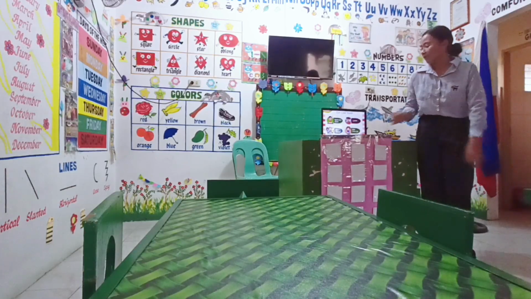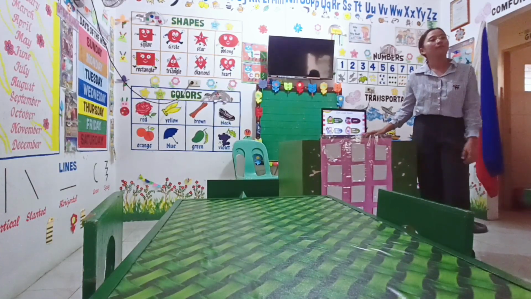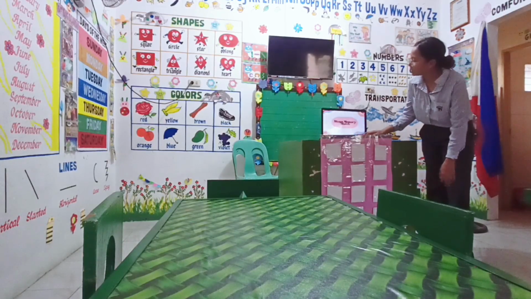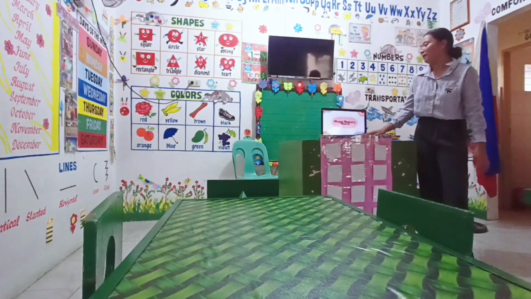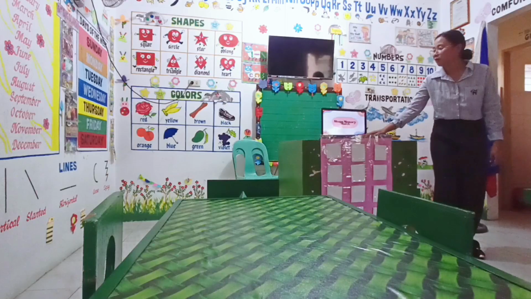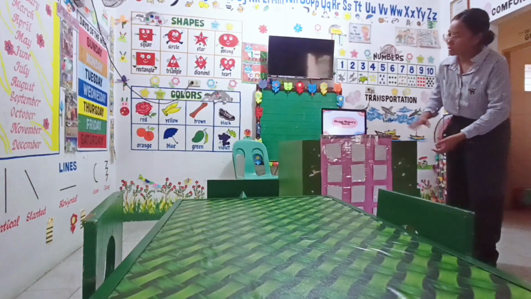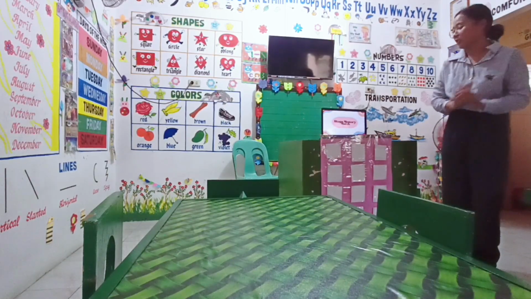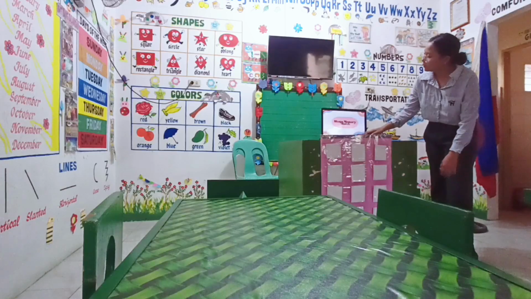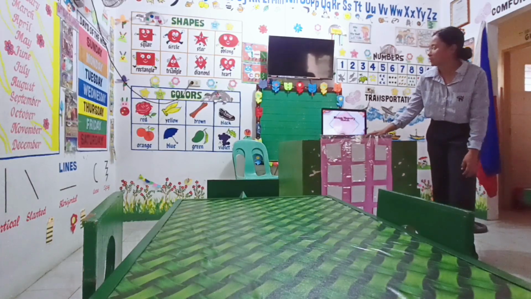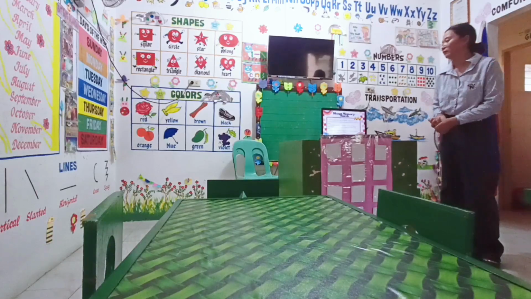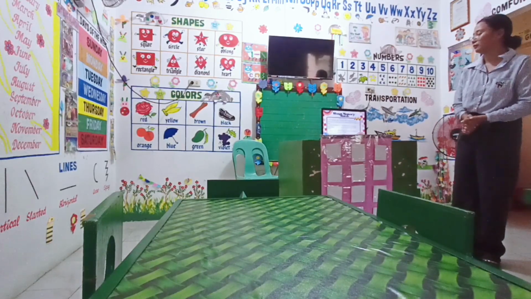Now, do you want to play a game? Yes, Ma'am. Okay, then let's play a game entitled Shape Memory Match. You are going to flip two cards to find the matching cards. Let us read the mechanics. Number one, all the students can play the game.